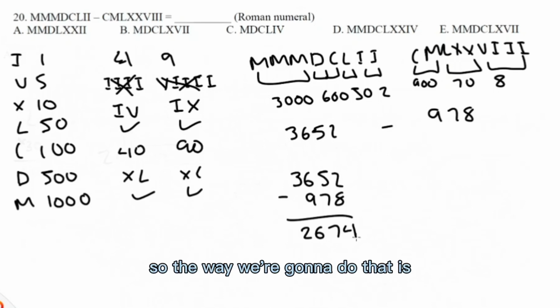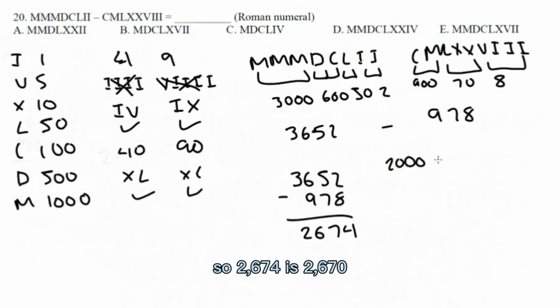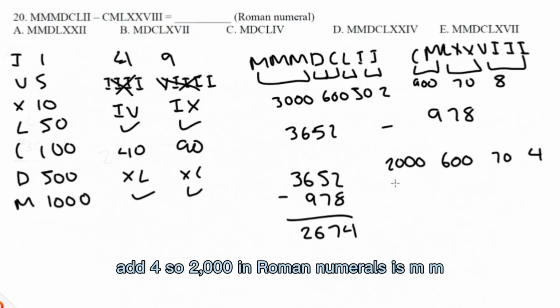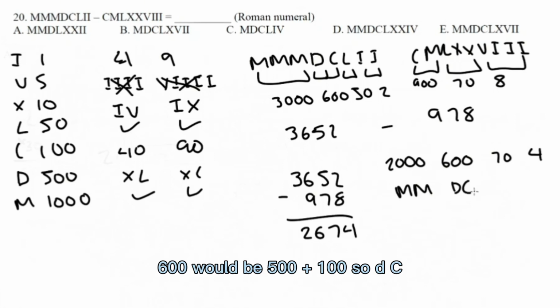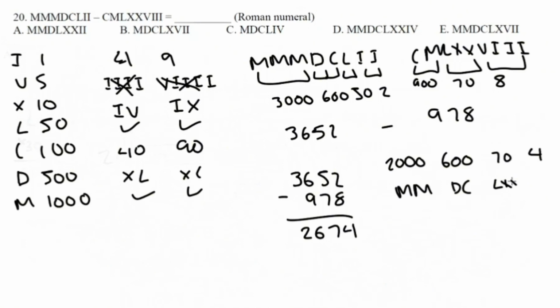So the way we're going to do that is similar to how we separated these Roman numerals by digit values, right? The place values, hundreds, tens, thousands, ones, stuff like that. We're going to separate this one. So 2,674 is 2,000, 600, 70, and 4. 2,000 in Roman numerals is MM. 600 would be 500 plus 100, so DC. 70 would be 50 plus 20, so LXX.